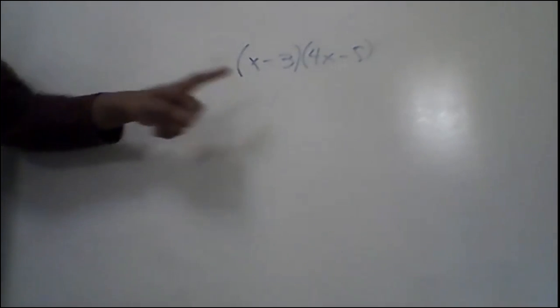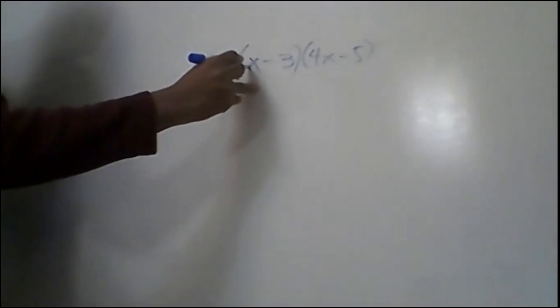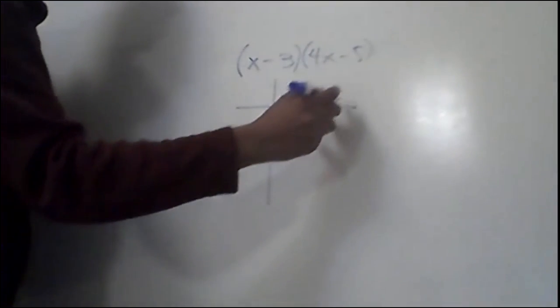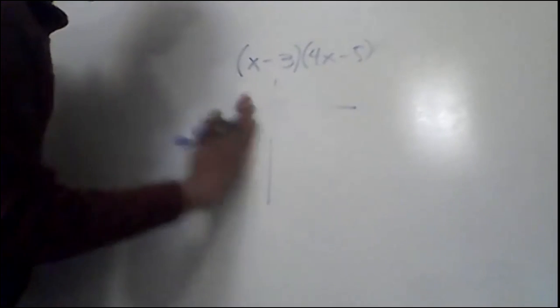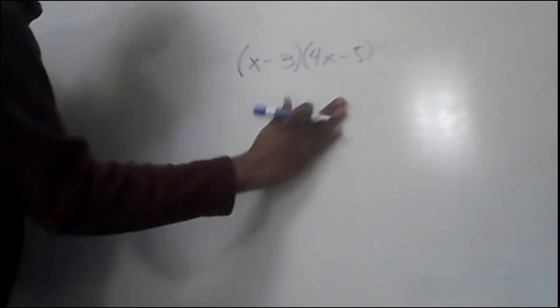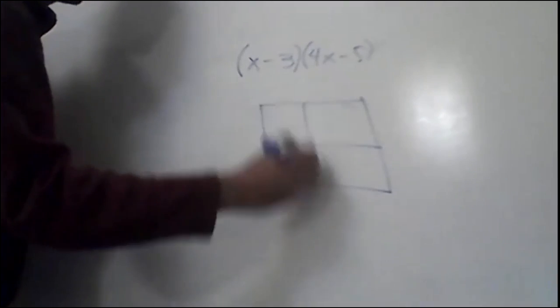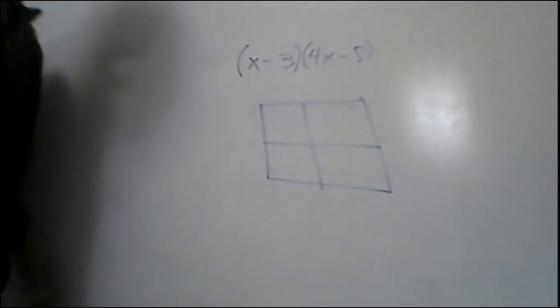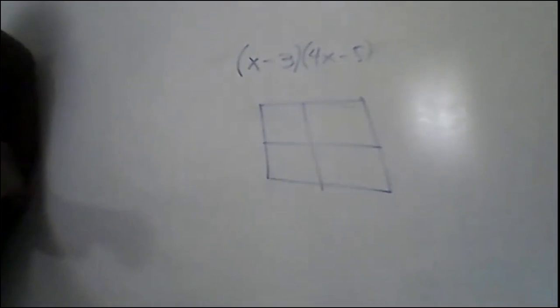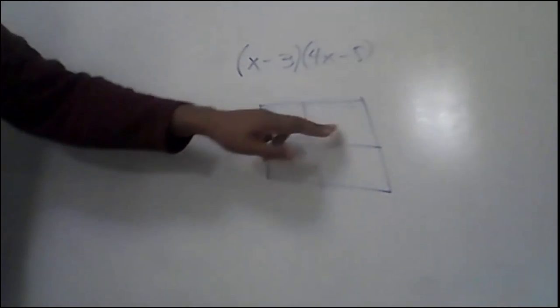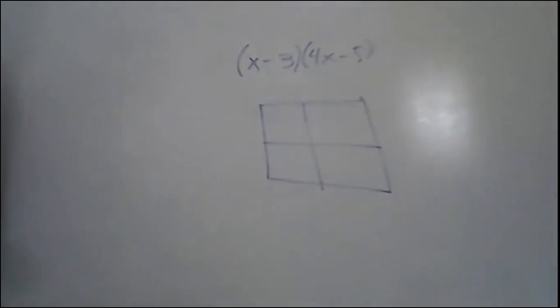Yeah, that's better. Okay. So we're going to use the box method. The way we do it is we basically set up a little box. So here's a box, like that. You see it's got 4 different things. You may not be able to see what's in the box, but hopefully you can see that it's a box that's got 4 squares.